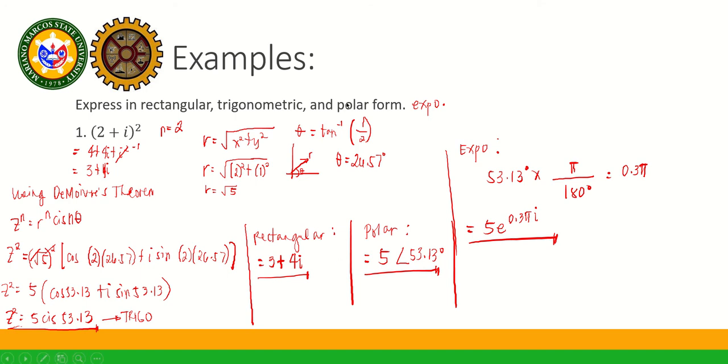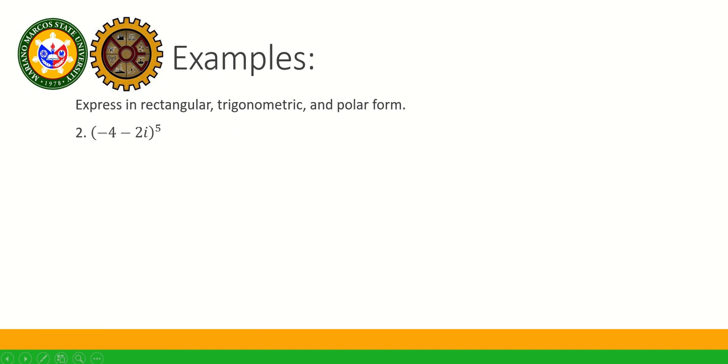Okay? So, let's try another example. Yan, sa example number 2, express in rectangular, trigonometric, and polar. And exponential, of course. So, from there, una natin gagawin is to find the value of our modulus and argument.